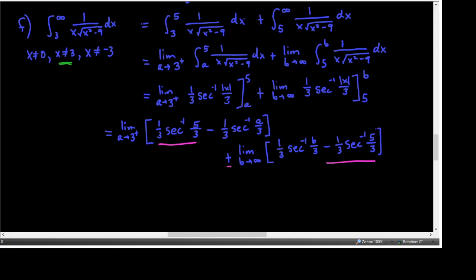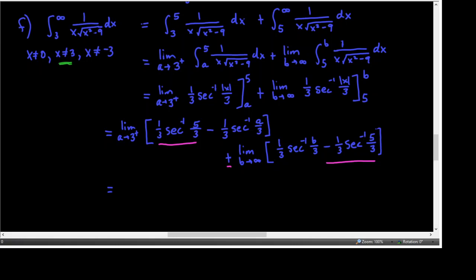And so that part's going to add up to be 0. If it had been 7, it would have been 7/3 in both places for the argument of secant inverse, and they would have been identical. So as it turns out, it just didn't matter what number I picked. So those two cancel out and they become 0. So I'm going to not talk about those anymore.